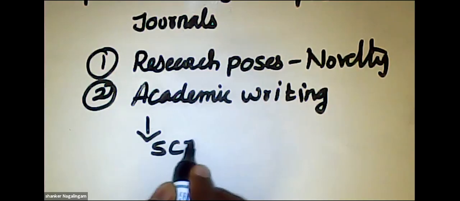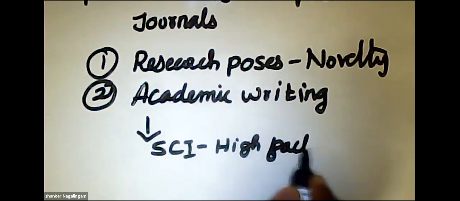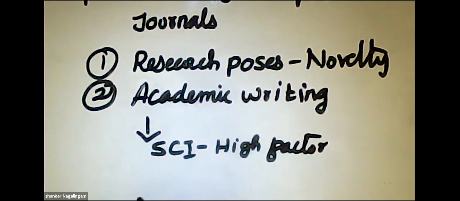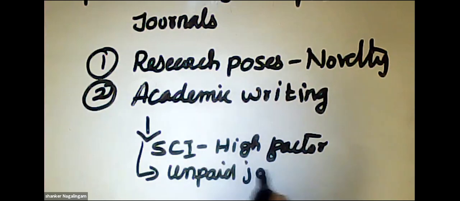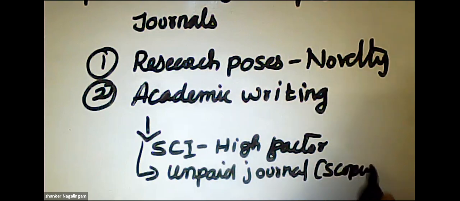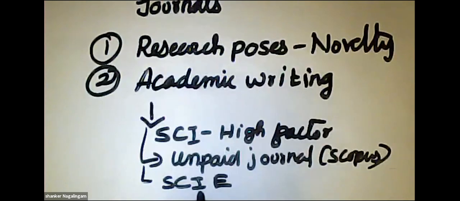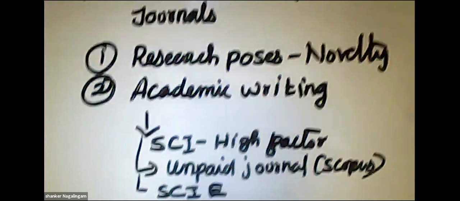It means an academic journal with high impact factor, and then even for indexed journals in Scopus, and you can have Science Citation Index Expanded. And all these things you need two things: academic writing and novelty.